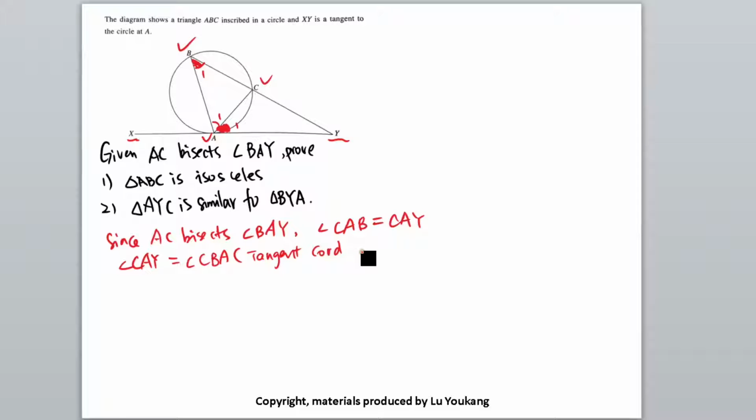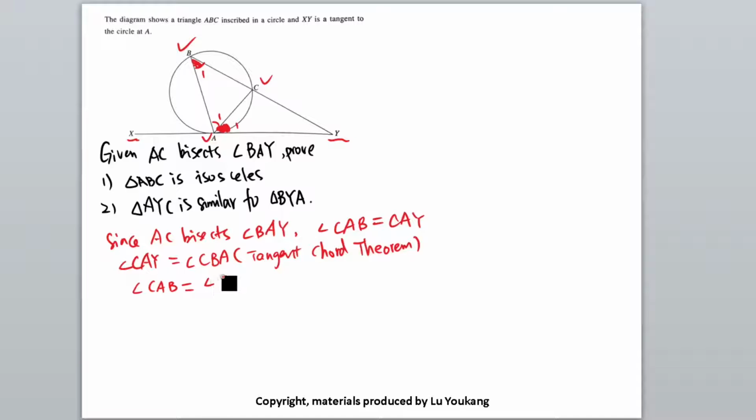I use tangent chord theorem. And by the way, let me correct my spelling. So tangent chord theorem is used here. So therefore, I can say my angle CBA is equal to my angle CAB.